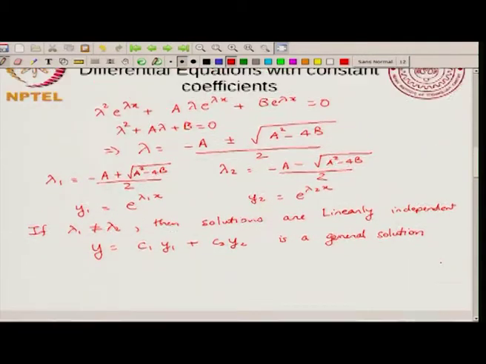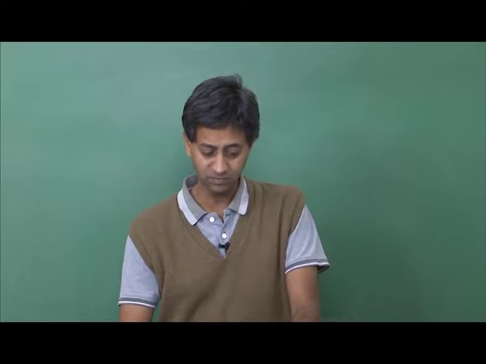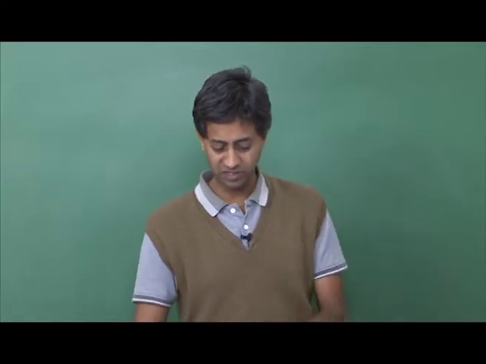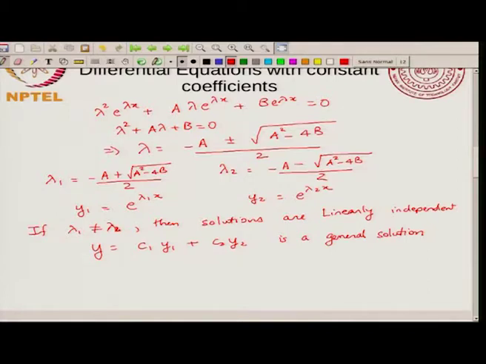If they are not linearly independent, if lambda 1 is equal to lambda 2, what do you do? Well, it is not too hard, you can find one solution, but you learnt in the last class that once you have one solution, you can find the second solution by variation of parameters. So, if I just have one y1, I can find a linearly independent solution by using the method of variation of parameters.